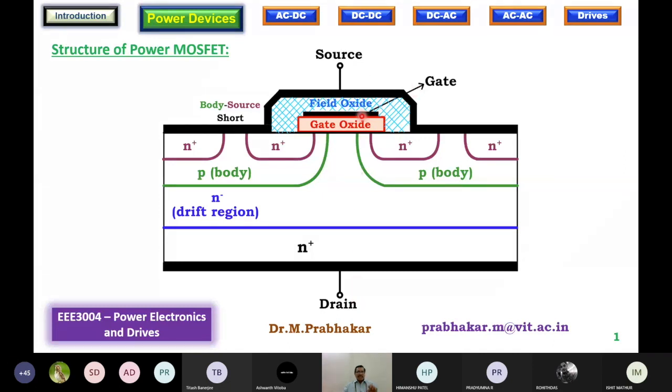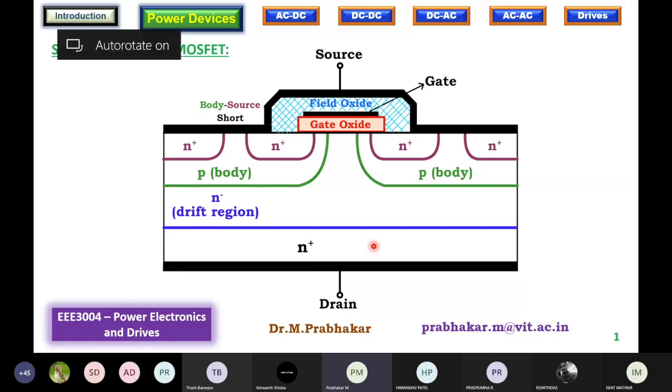Vertical orientation refers to the fact that we need to move from top to bottom, whereas in other power devices, even the lateral structure is fair enough. So this is one important point that you need to understand.